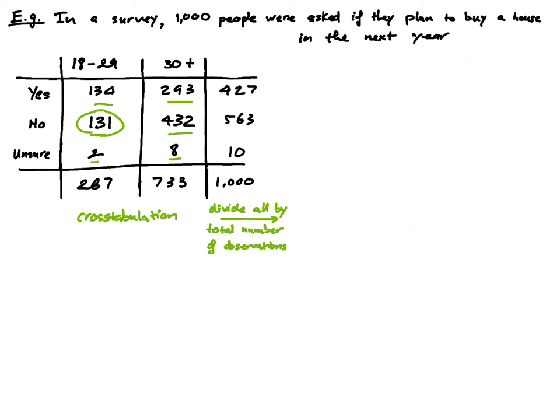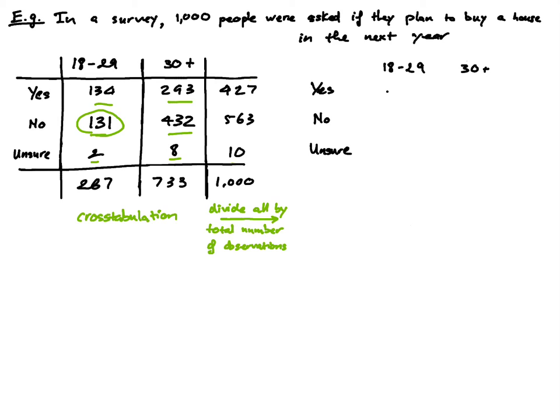If you do that, you end up with a table that contains a bunch of probabilities. So you still have these age groups, and then you have the three responses.